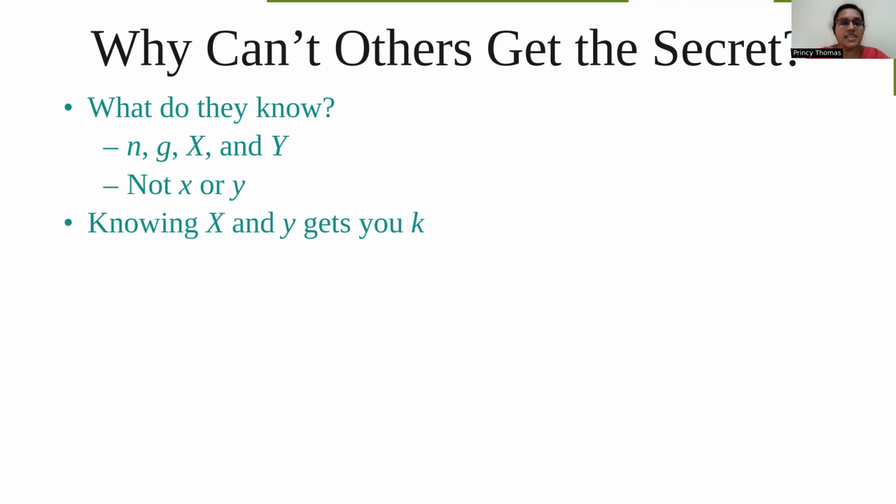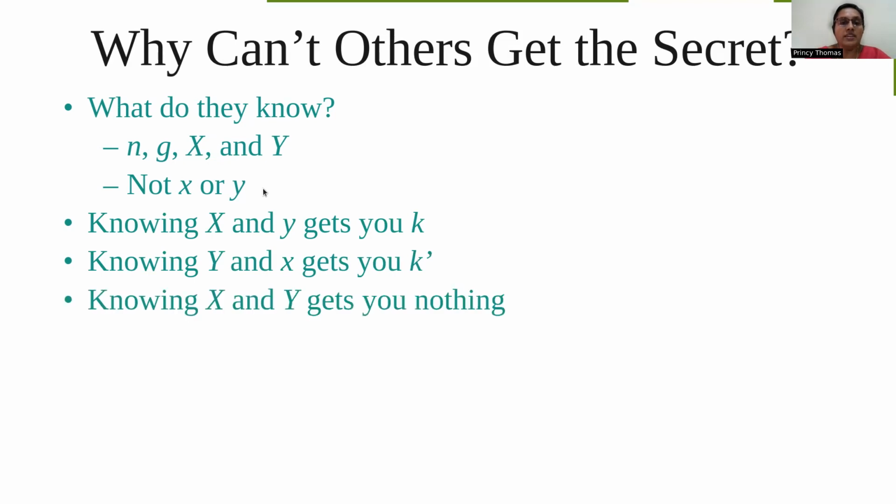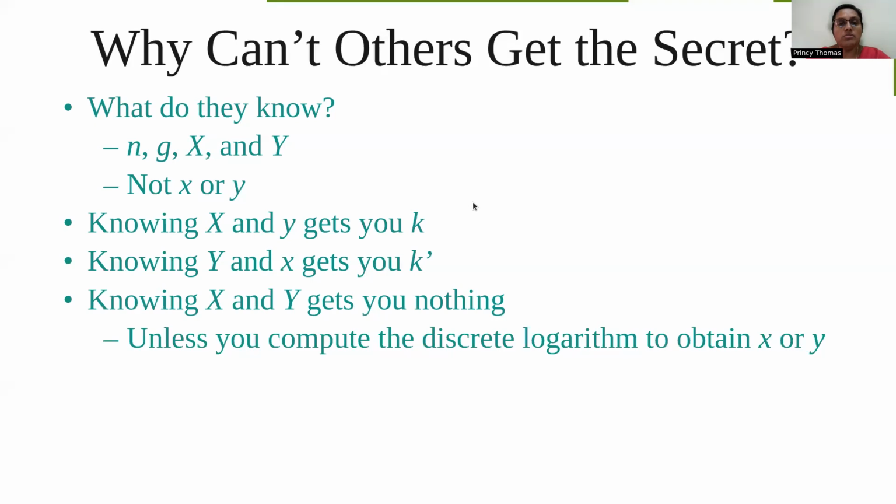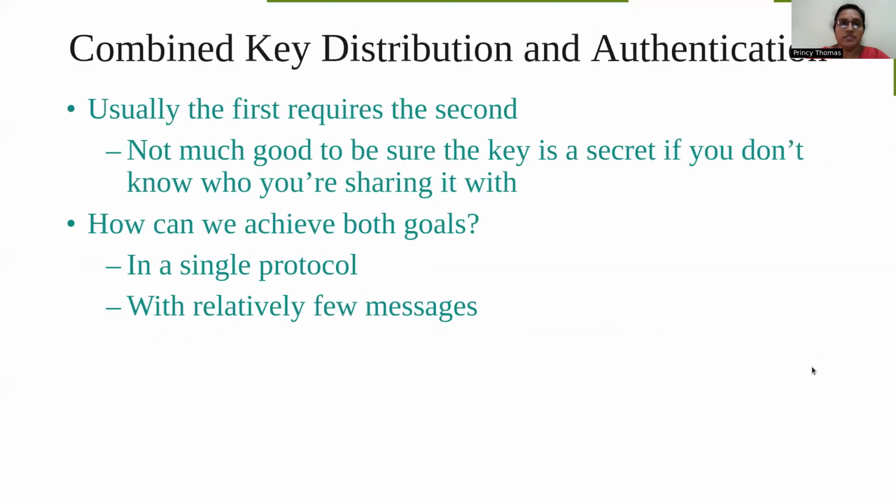If you have capital X, then you need to know y to get K; if you have capital Y, then you need to know x to get K. Knowing g raised to x and g raised to y does not give g raised to xy. They cannot get anything unless they are able to do the discrete logarithm of g raised to x and find x or y, which is a hard problem. So they are not able to do it.